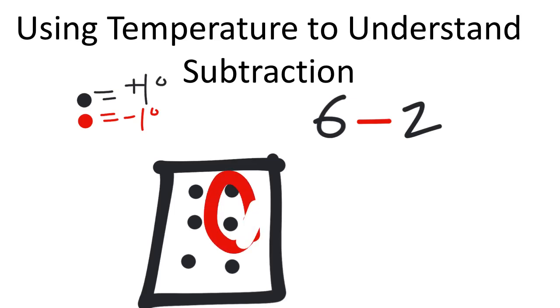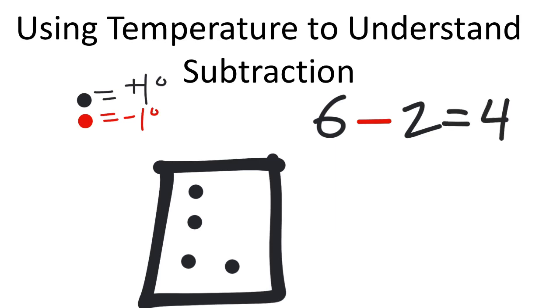If I took them out, I'd just erase them. I took those 2 out. Right, well, what's the new temperature inside the pot? Well, that would be positive 4, because there are 4 positive 1 counter temperature cubes inside the pot.